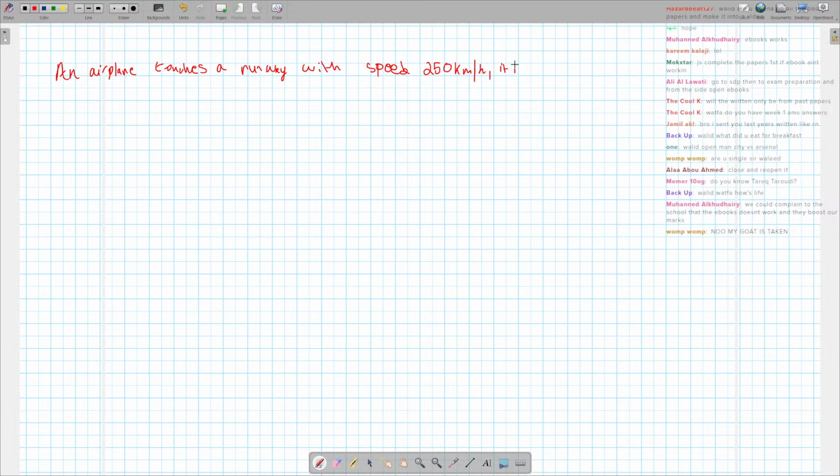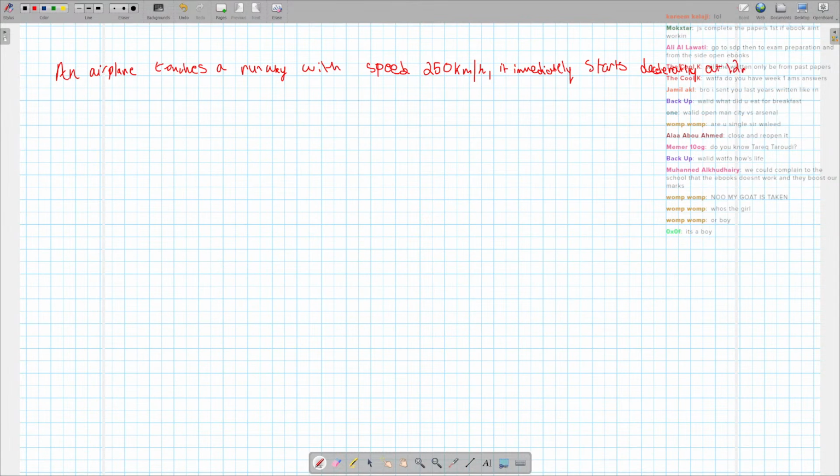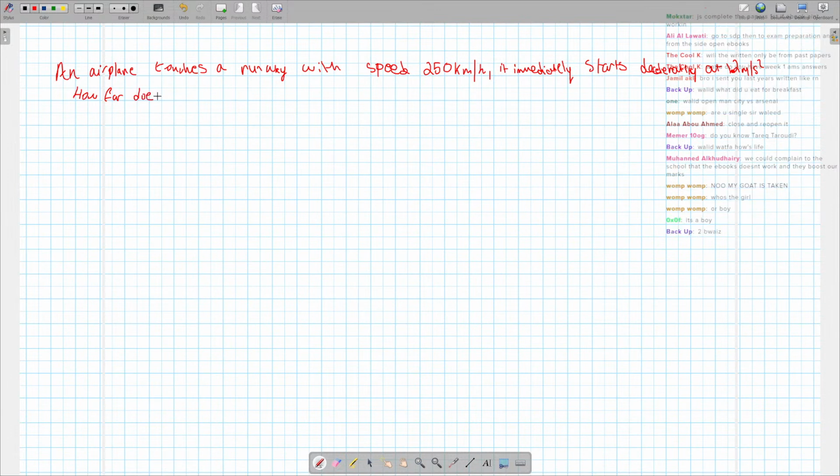It immediately starts decelerating at 1.2 meters per second squared. How far does the plane travel before it stops?